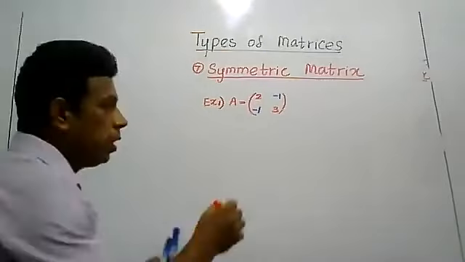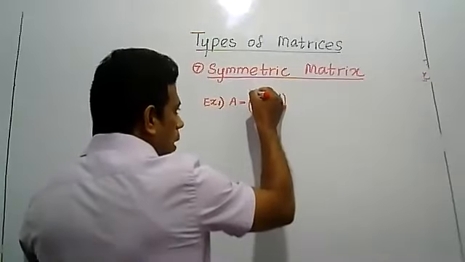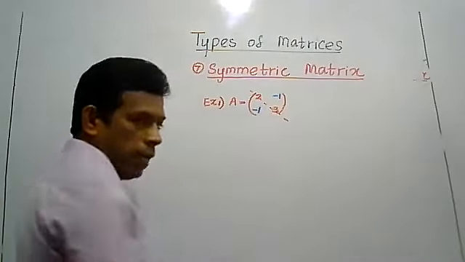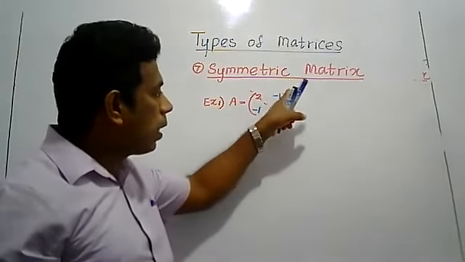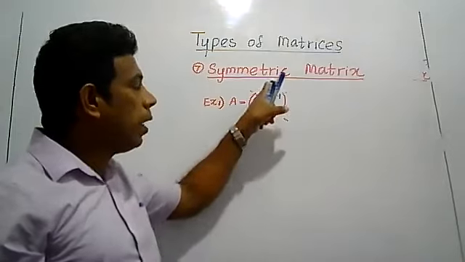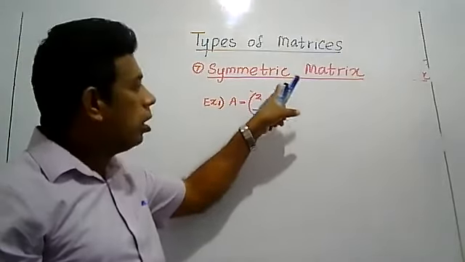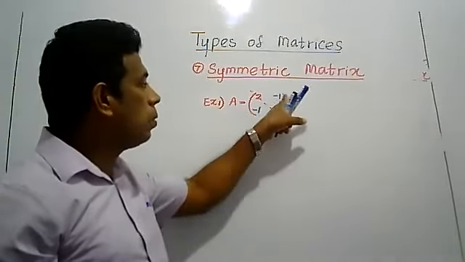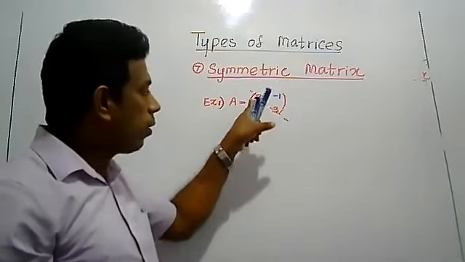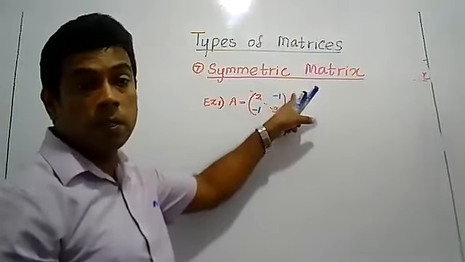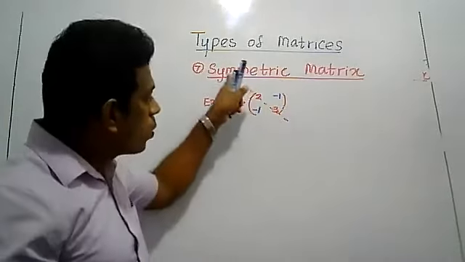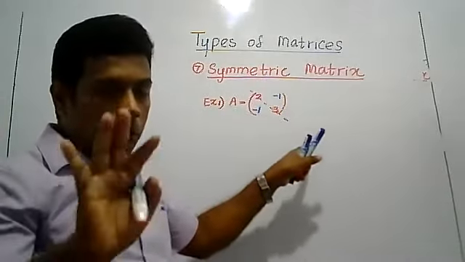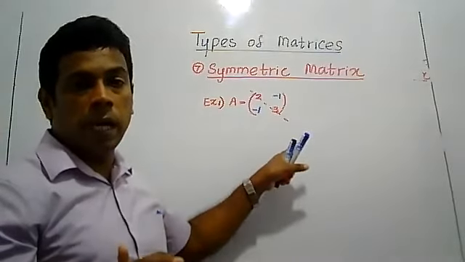Then they have explained here, around the main diagonal. There is a main diagonal, and the other elements around the main diagonal should be equal. The corresponding places should have the same element. We don't consider the elements in the main diagonal.